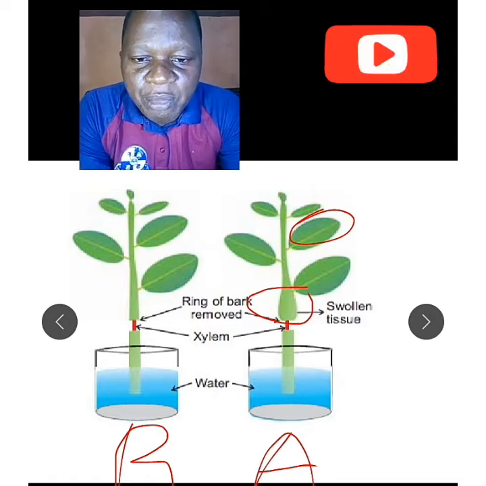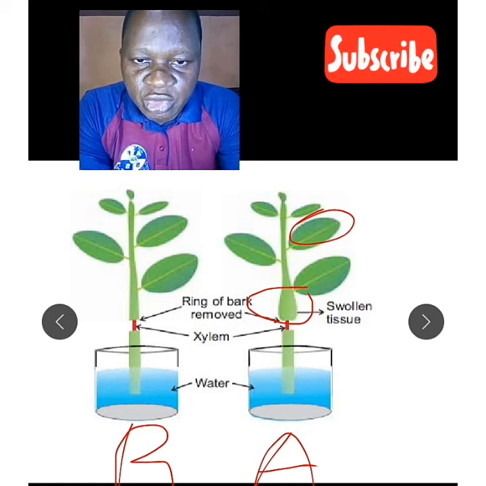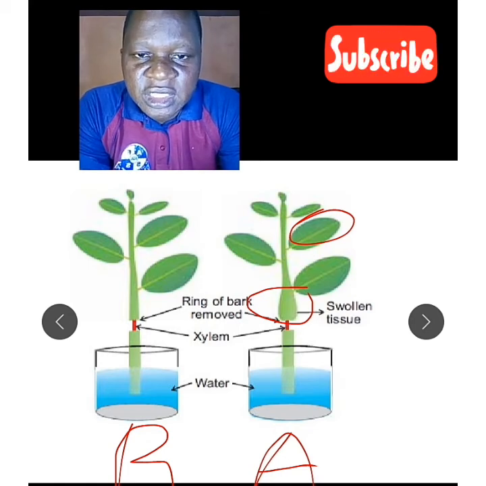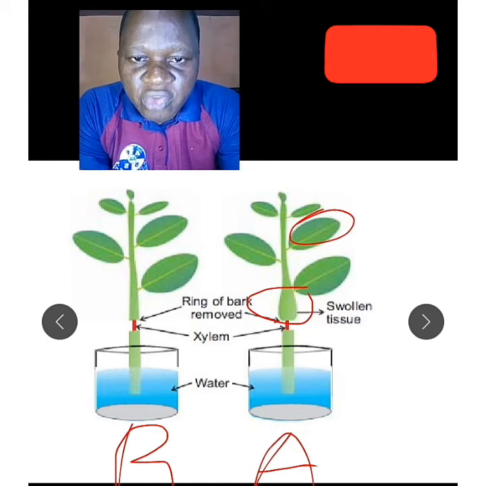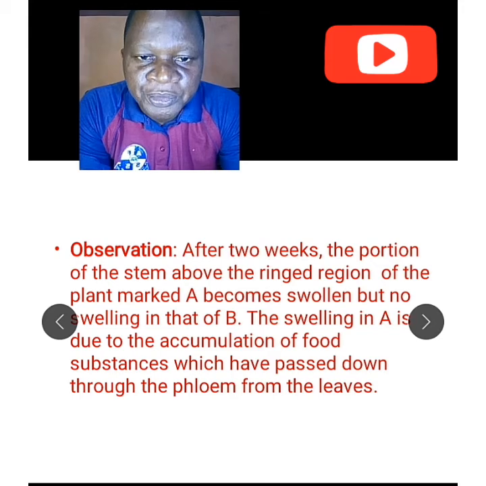Meanwhile, on the other plant, you see that the plant remains the same because the phloem is still intact. We only removed the bark. Because the phloem is still intact, it's still able to transport food. What is the observation from the experiment?